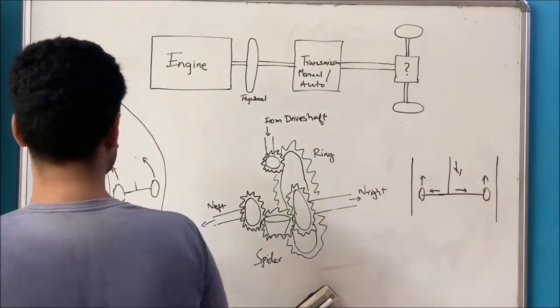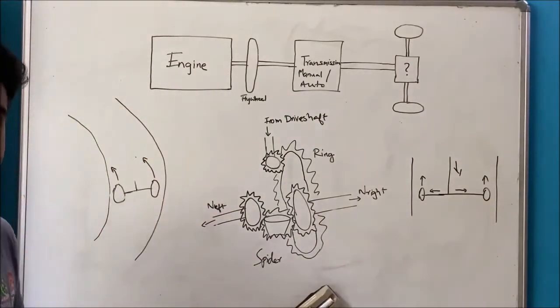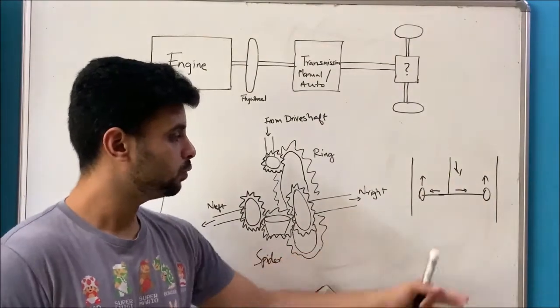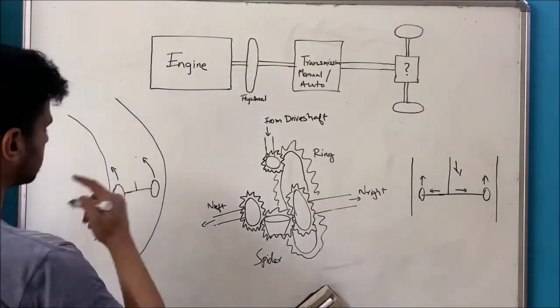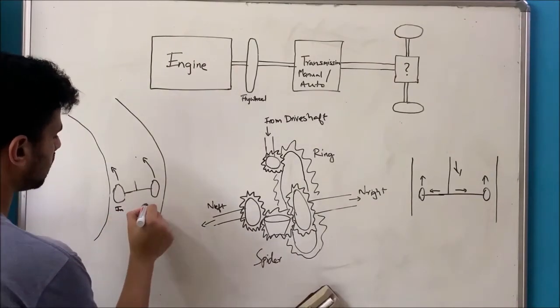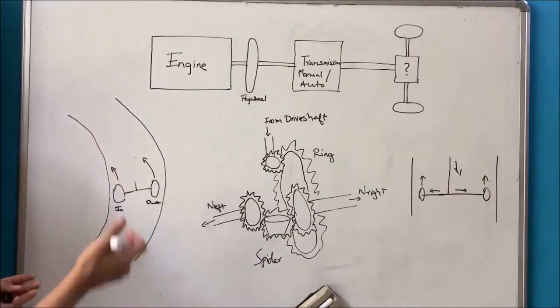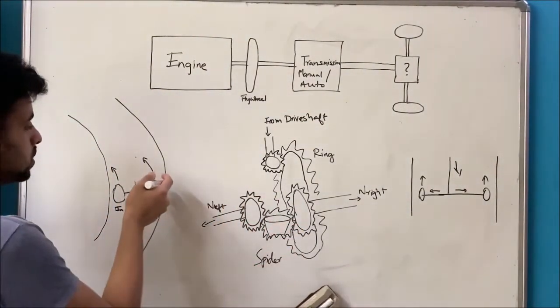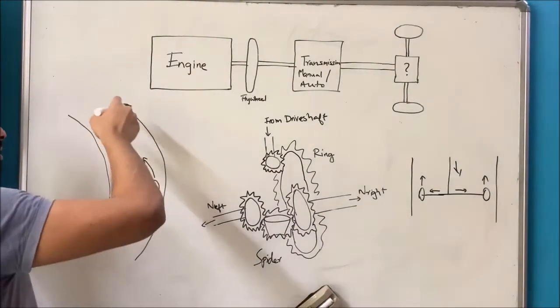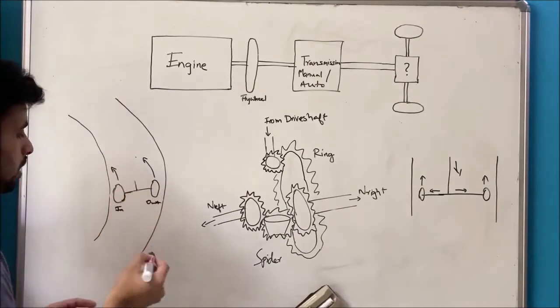So let's consider this situation where you're taking a left turn and you're using this system which has no differential. So when you're taking a left turn, this tire becomes the inside wheel and this becomes the outside. So for a left turn, naturally, if they're connected by a strict rod, this outside tire has to travel a bigger distance at a faster speed just to catch up with the inside tire.